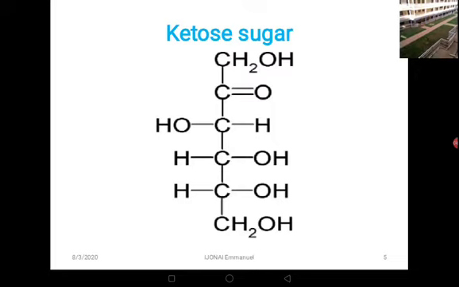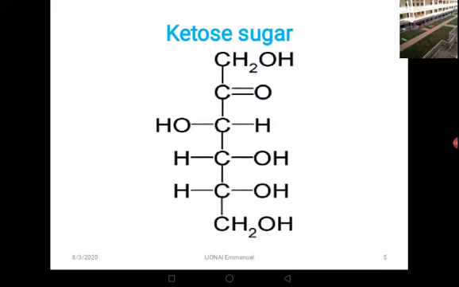Let's see another one. This other one here is called ketose sugar, from the word ketone. A ketone is also a carbonyl compound. It bears the carbonyl functional group C double bond O. But unlike the aldose sugar, ketones have the C double bond O in between the carbon atoms.